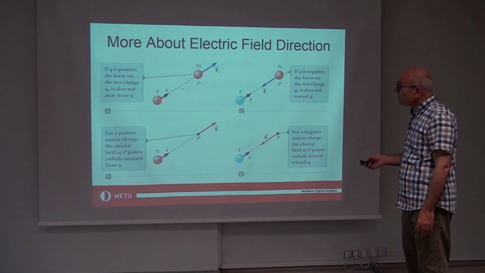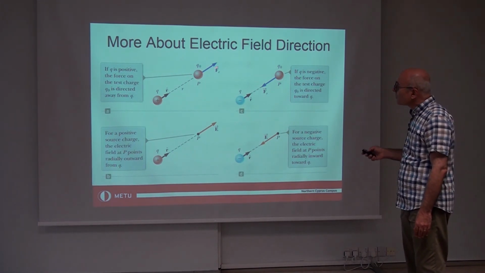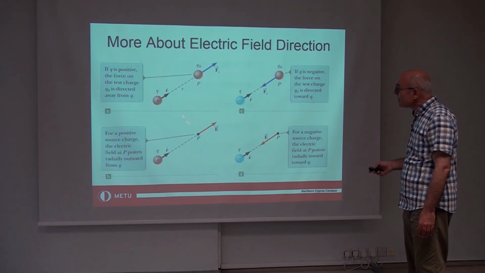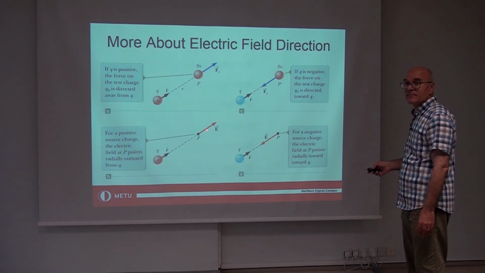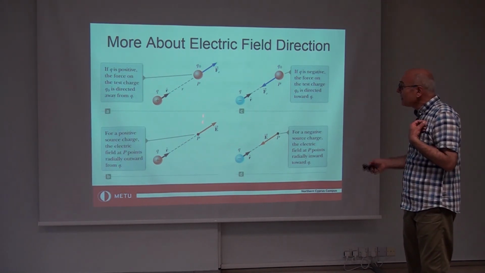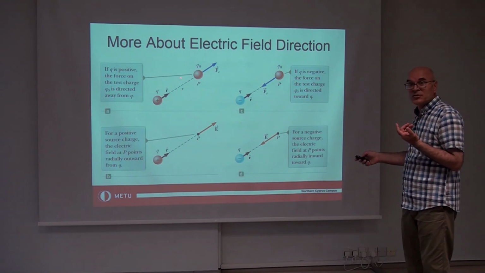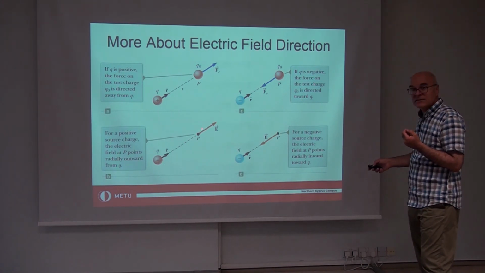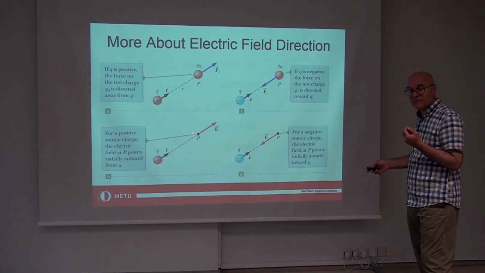The source charge is positive, so the force on this Q naught is in this direction. Therefore, the direction of the field of this point source charge at point P is here. Here I removed the test charge, because I can define the field even in the absence of it. So I know that I have a field at this point P, and this electric field is directed in this direction.